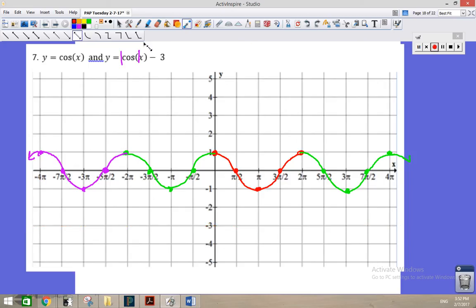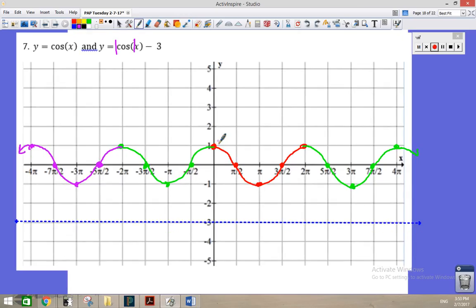Let's change color. I don't know what color I used. I used multiple colors to indicate the different periods. All right, so there's my center line at y equals -3, and it's this same graph. So this 1 also got pushed down 3 units, and 1 minus 3 is -2.